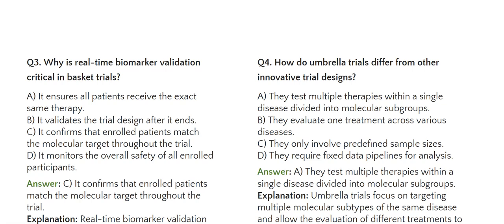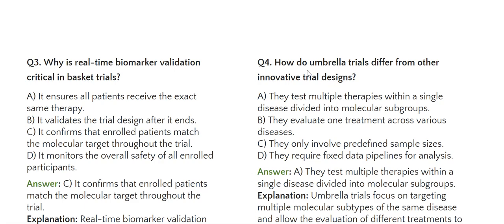It's because of C, it confirms that enrolled patients match the molecular target throughout the trial, sharing the same molecular target throughout the trial. So C is the answer. Real-time biomarker validation ensures that patients genuinely align with the genetic or molecular target of the trial, maintaining the relevance and accuracy of its outcomes.